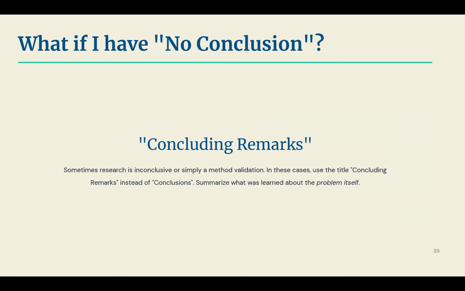So in these cases, use the title: rather than saying conclusion, you can say concluding remarks, and summarize what you have validated. That is how you handle the validation of tools and methods when you're writing such papers. This is how the conclusion is to be titled.